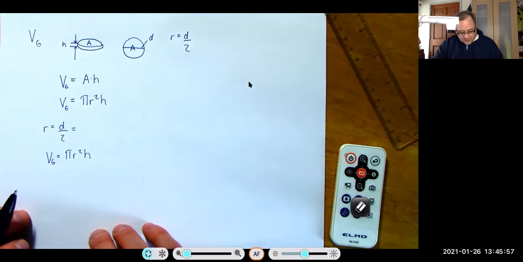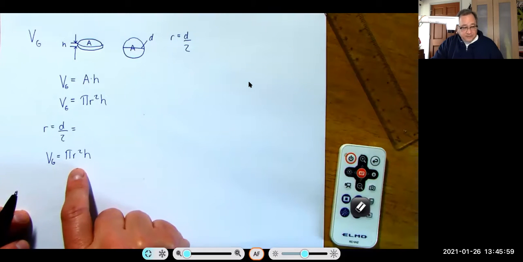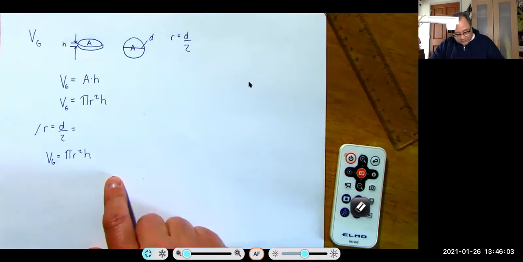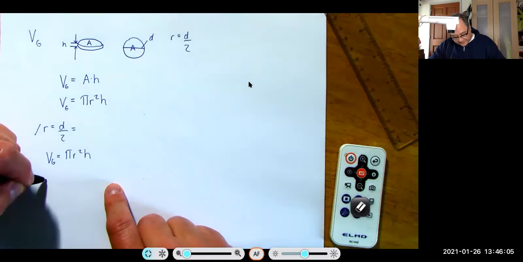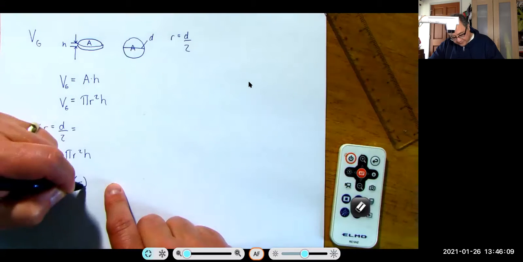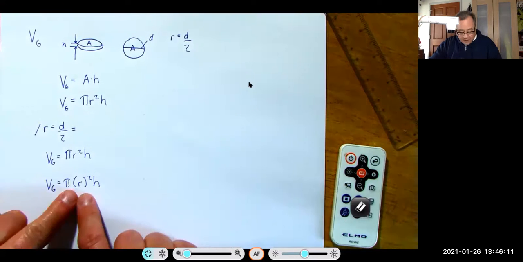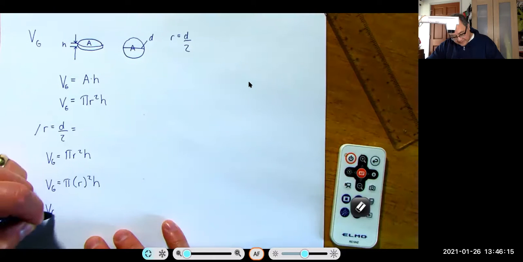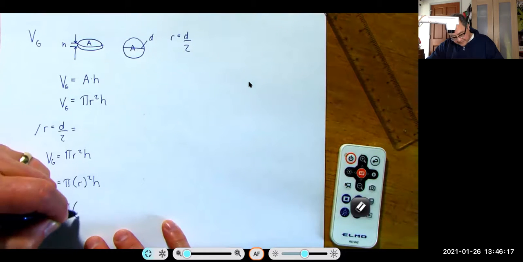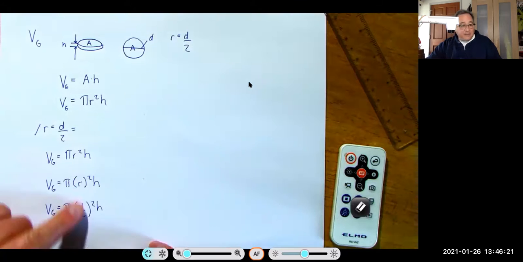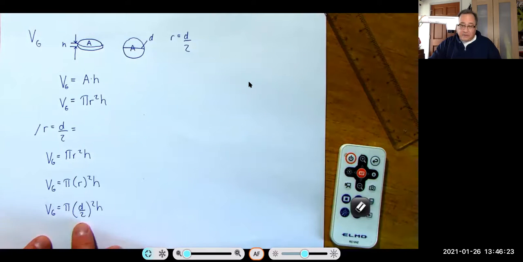Okay, now there's another formula you can use here so that you don't have to use this formula. And it basically looks like this. You'll notice I put parentheses around the R because that's okay. Since R is the diameter divided by 2, I can put diameter divided by 2 in parentheses.